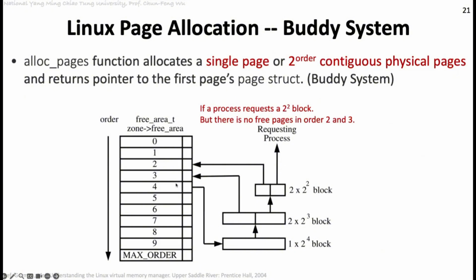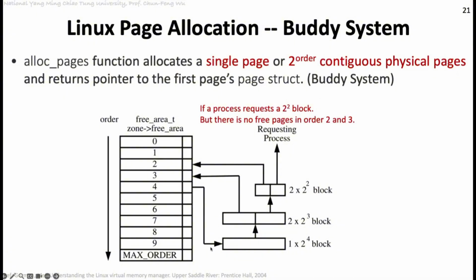And then if we are going to get 2 to the 4, with this layer there are 16 pages here, right? So if there is no block in the 2 to the 2 here, and there is also none in the 2 to the 3, the buddy system will get from a larger order.